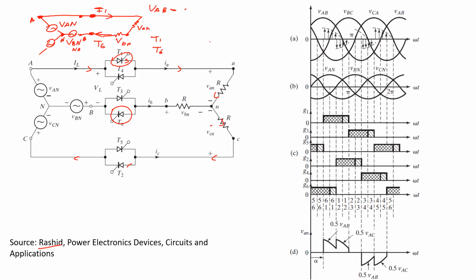If the circuit is something like this, this is VAB, this is R, and this is this point, our phase voltage will be VAB over 2. In here also VAB over 2. That's how our voltage waveforms will build across these phases. You can do the same for these 2 phases also. So that's what we have done here.